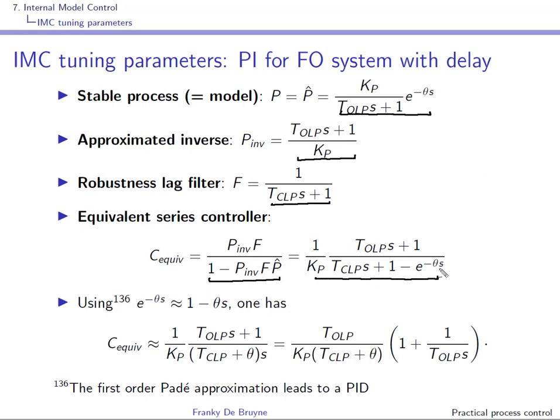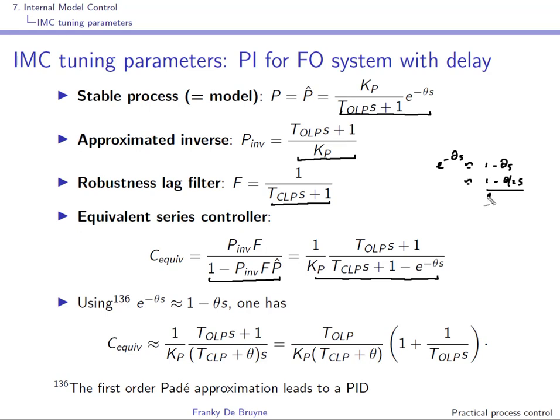And this is what I mean, you cannot write this because you have a delay here at the denominator. So strictly speaking, we should not write something like this. What you could do is use Padé approximations of increasing order. The simplest one is this one, but there is a Padé approximation of order 1, that is this one.